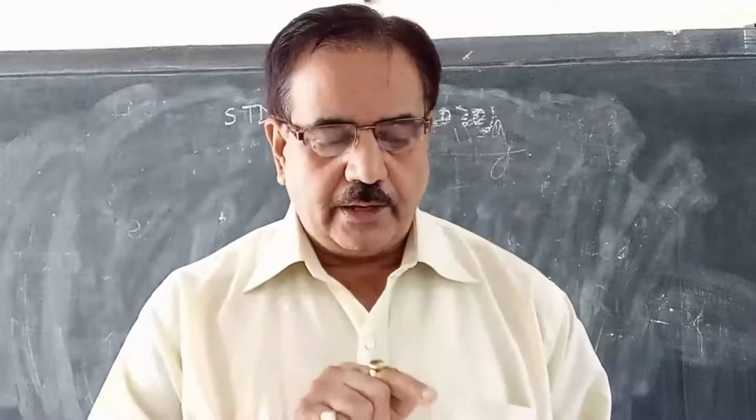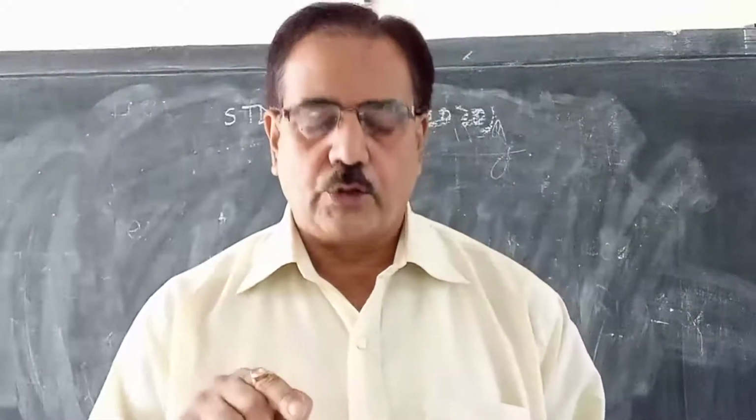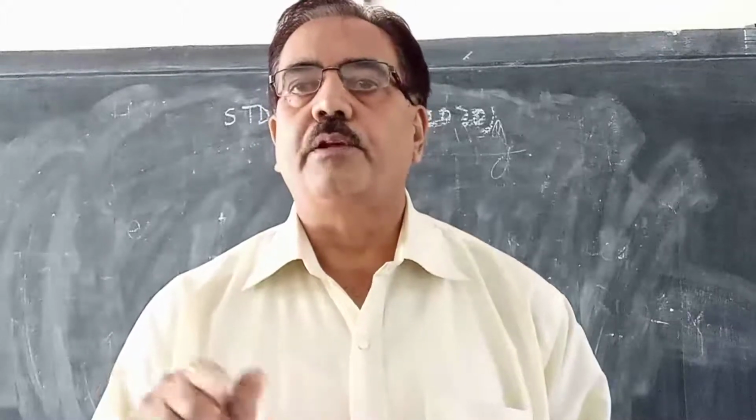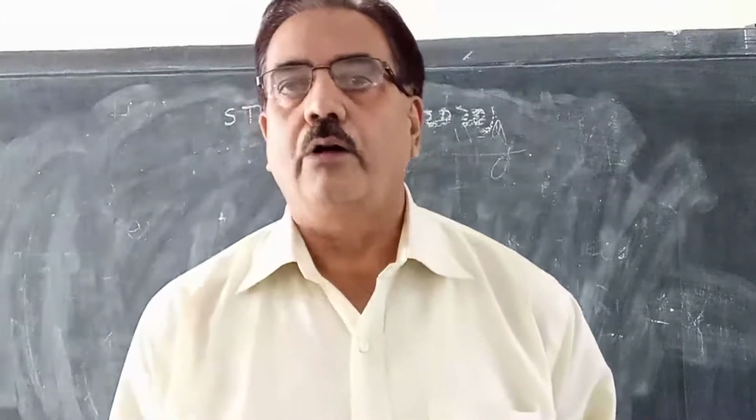So here also, 8 times the 8th term of an AP is equal to 15 times its 15th term, so 8 plus 15 is 23. The 23rd term's value will be 0. How is it coming 0?